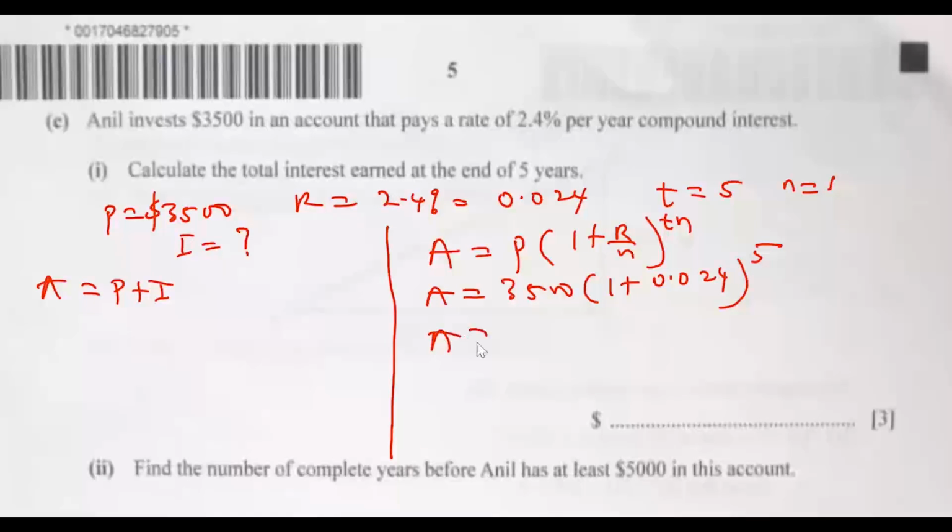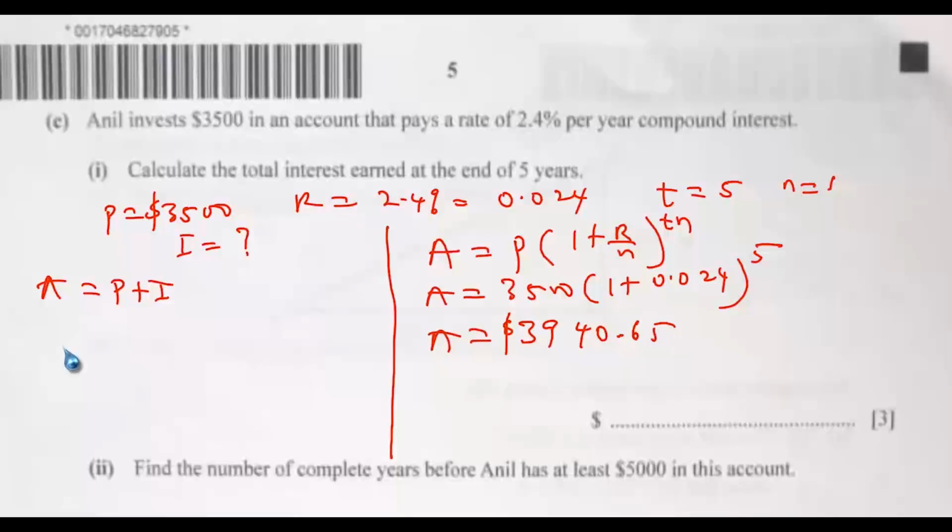If you key this into your calculator, you should get the amount to be equal to $3940.65.